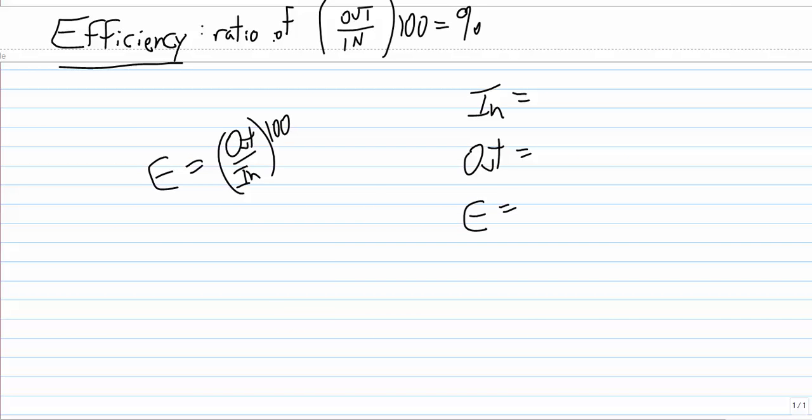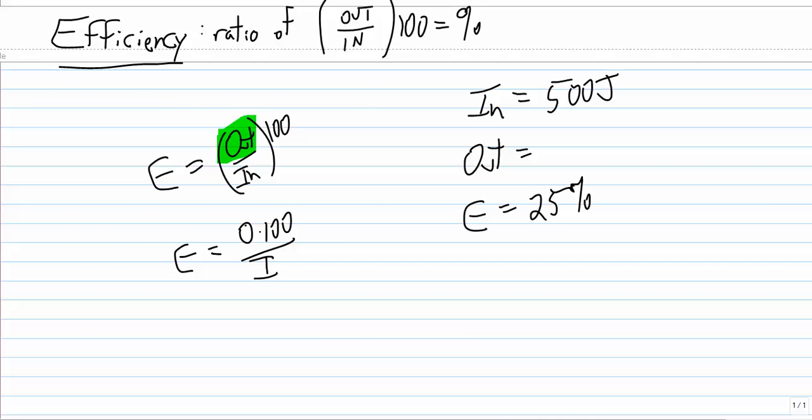Okay, so let's do one where we say that we know the efficiency. Let's say we have a 25% efficient machine and we put in 500 joules worth of fuel. So what we want this time is we want to get the output by itself. So that means we have to do a little bit of algebra. So let me rewrite this. I'm going to write E equals O times 100 over I. And I'm trying to get O by itself.